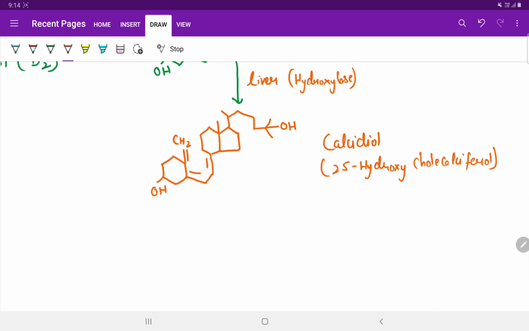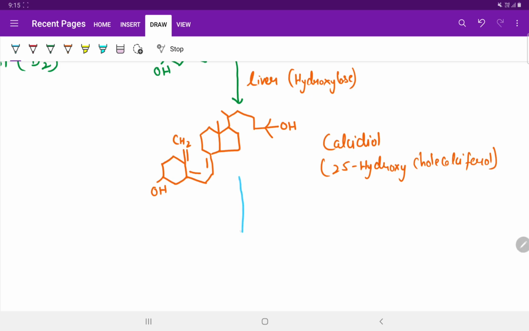Now apart from this, the next is the formation of calcitriol. What is this calcitriol? It is basically 1,25-dihydroxy cholecalciferol, and it contains 3 hydroxyl groups. So now let us draw the structure of it.